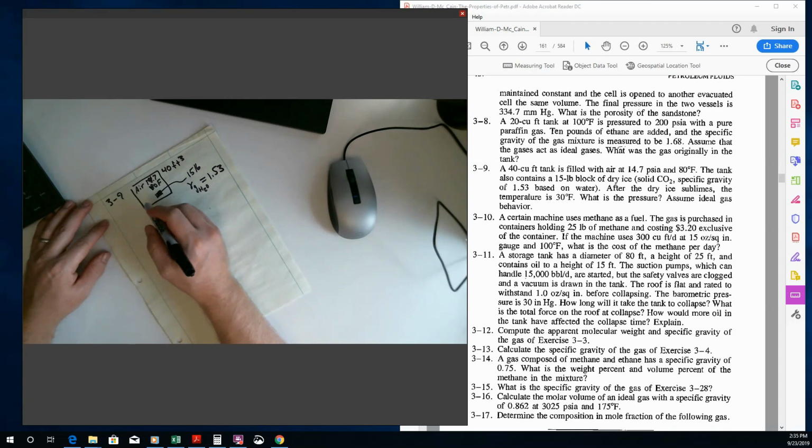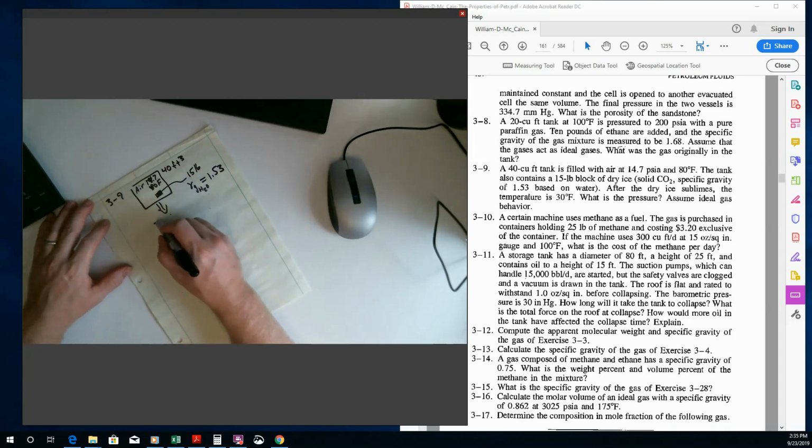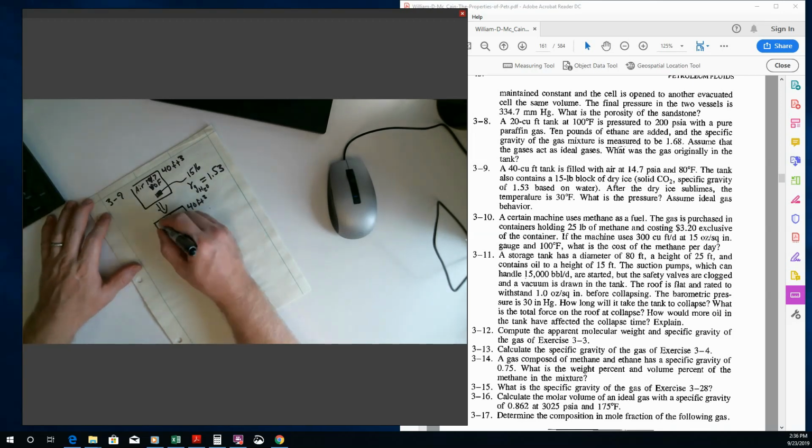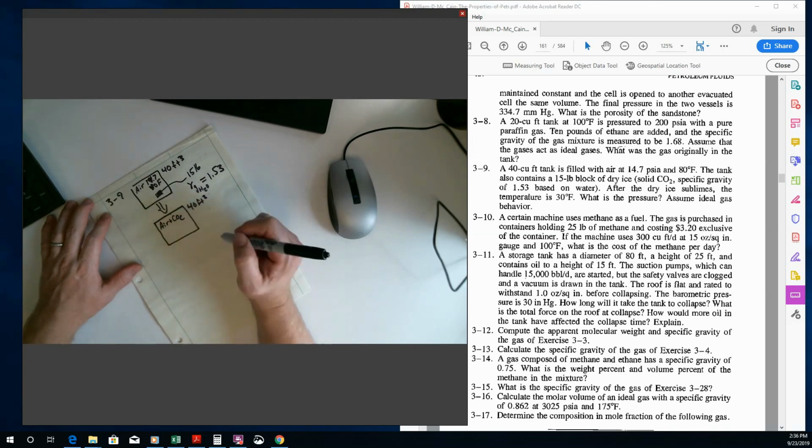So with time, this guy is going to sublimate, so the solid is going to turn into CO2 gas. So volume doesn't change. However, volume kind of does change because that solid goes away and becomes gas. And then we get an air CO2 mixture.